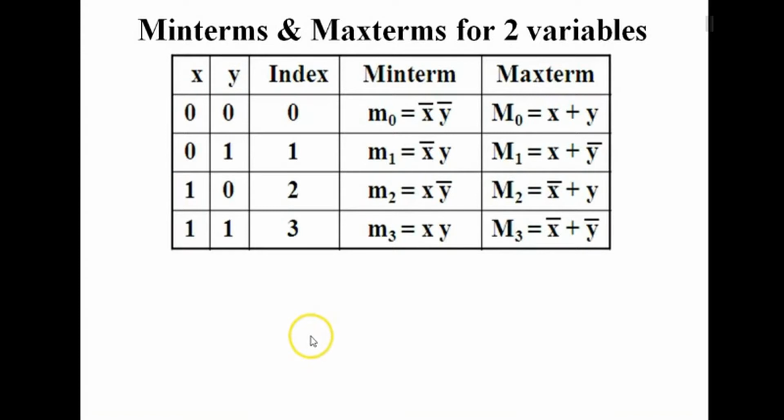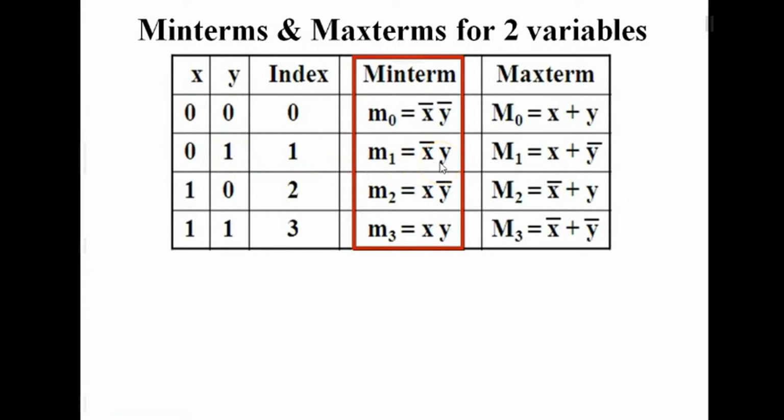If you look at this table, it shows the various min terms and max terms for two variables x and y. So for two variables x and y, all the possible combinations are given here. There are four possible combinations. And for the first combination, when x equal to 0 and y equal to 0, the corresponding min term is x bar y bar. For x equal to 0, y equal to 1, the corresponding min term is x bar y.